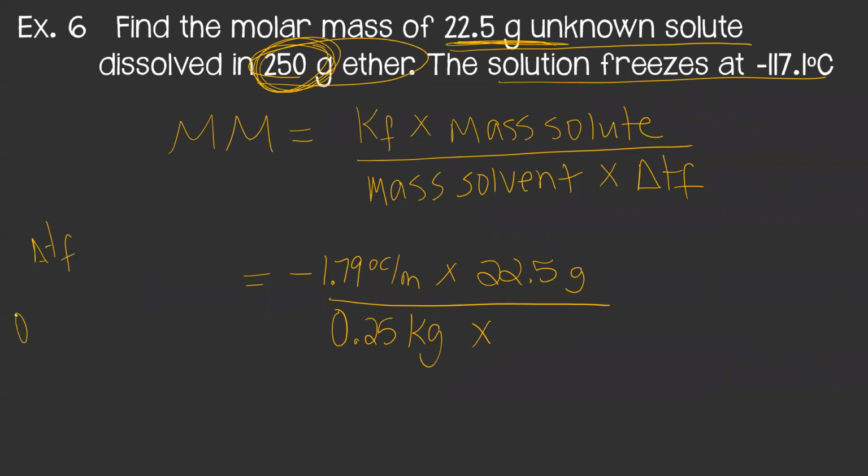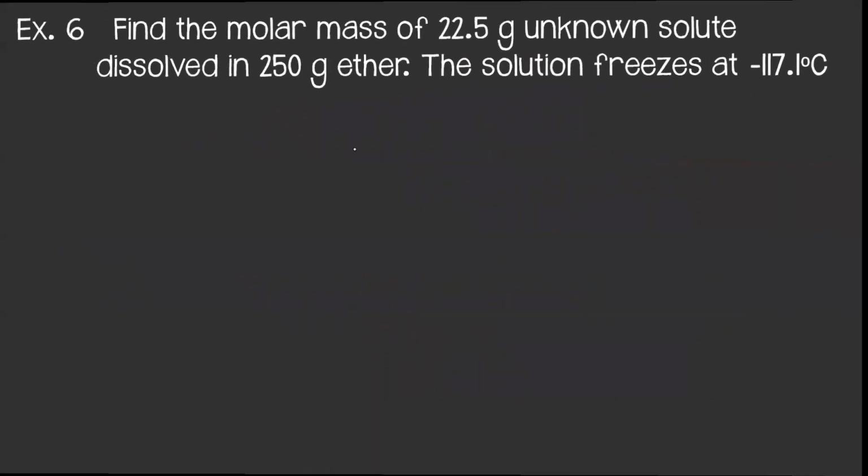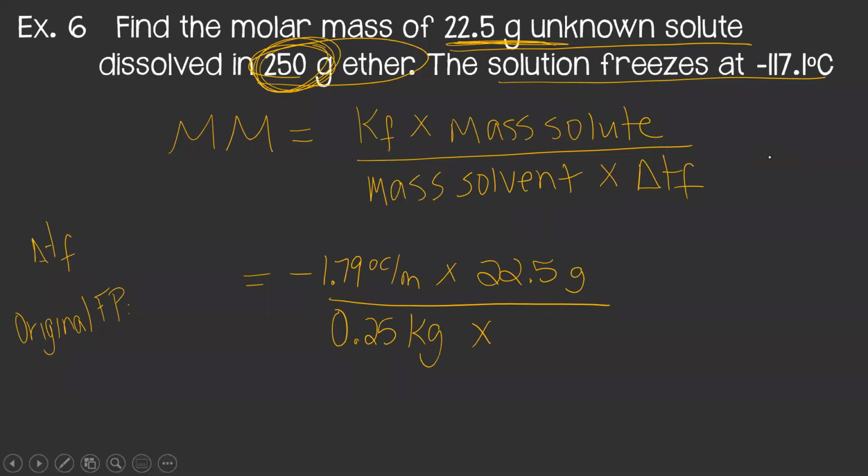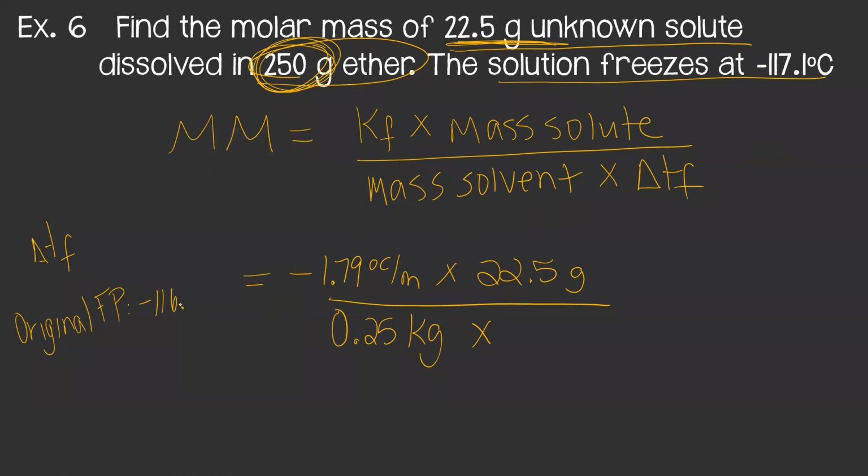So I know that the original freezing point of ether is, let me go back to my chart, my notes. The normal freezing point is negative, whoops, it's negative 116.3. Okay.